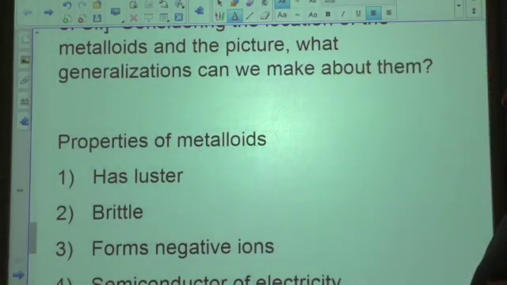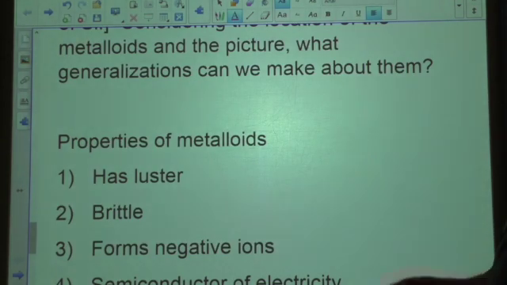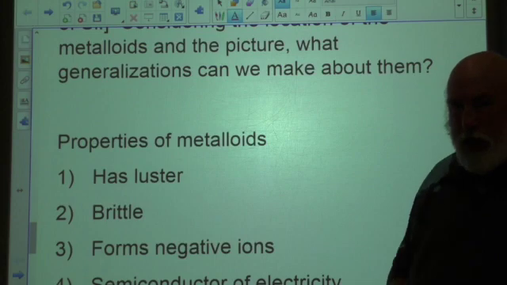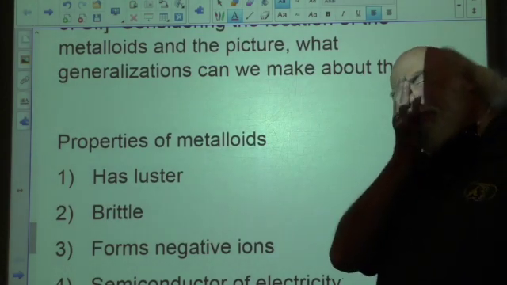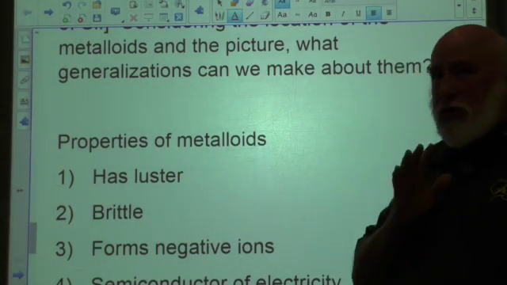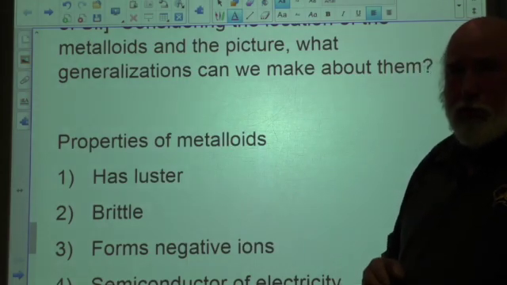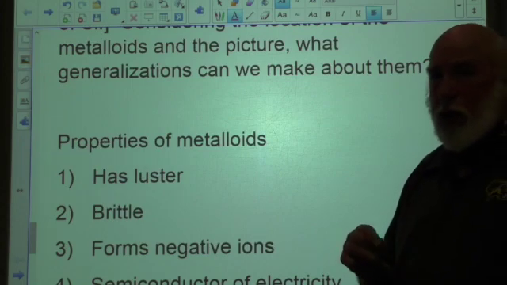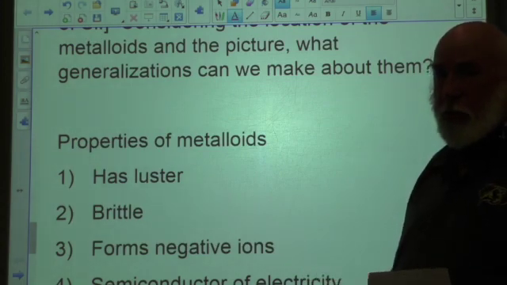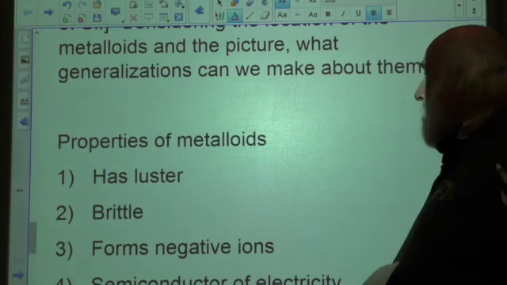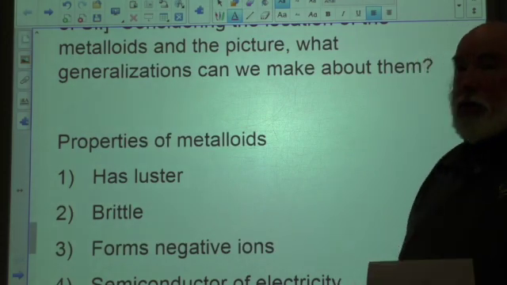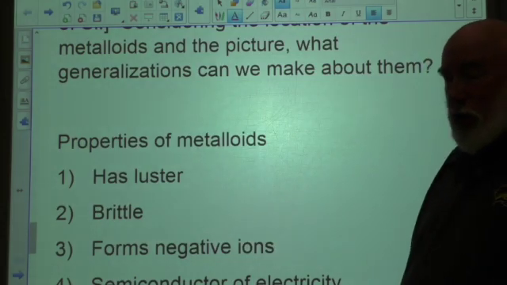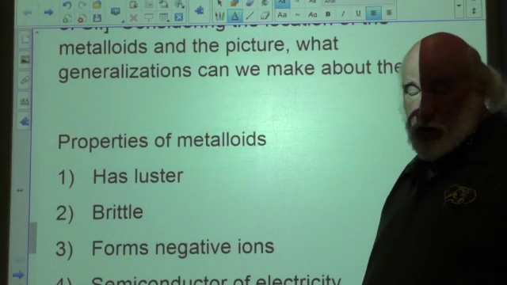But here's the thing that makes metalloids so important. And it's this concept of semiconductors. If it wasn't for semiconductors, we would not be able to have computers or iPhones or anything that holds large amounts of memory, RAM, if you will, because semiconductor means it both holds and passes on electricity.